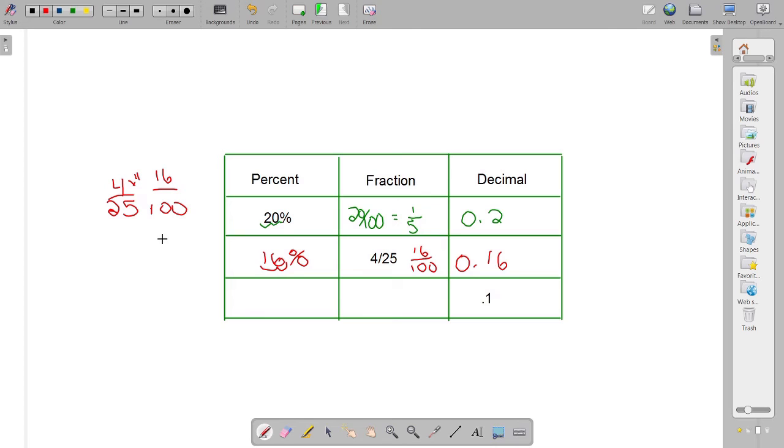Alright, let's try one more. This time we're given the decimal. If we're given a decimal, we have to pay close attention to the placeholder. In this case, it's 0.1. Remember, in terms of placeholders, we have our tenths, hundredths, and thousandths.